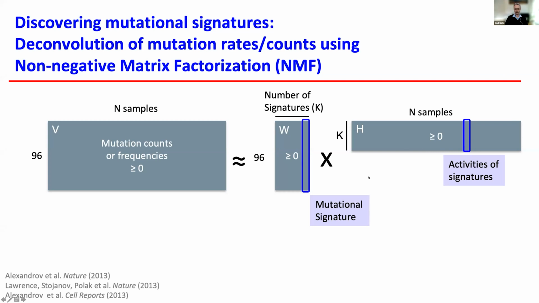What we don't know, however, is how many signatures we expect in our data. This is something that we need to feed to the algorithm and play with, and that's a big limitation of non-negative matrix factorization.